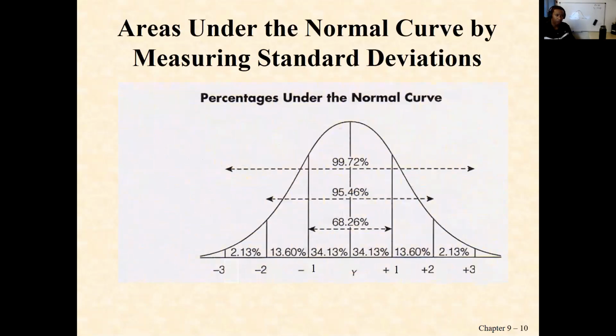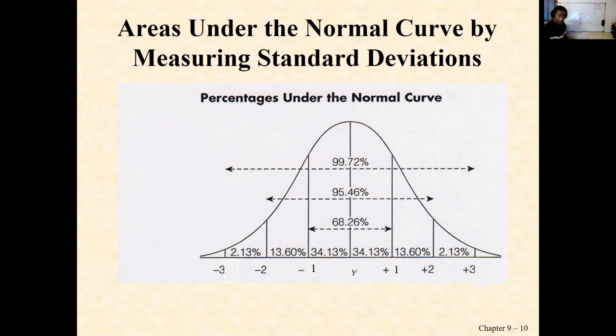Now, I'm going to show you how we get these numbers, but right now, one thing that's important to understand is that if you know the mean and you know the standard deviation, you can determine the percentage of cases that fall between the mean and your score.